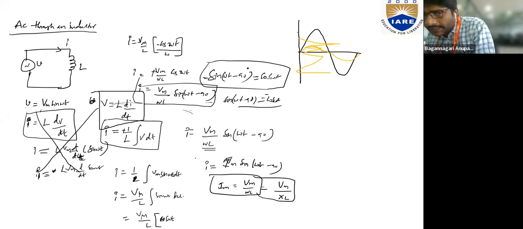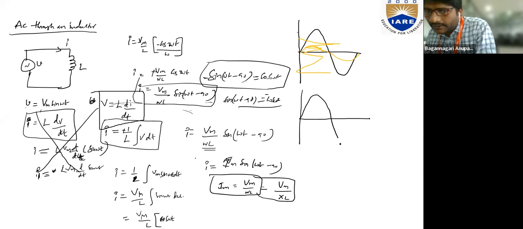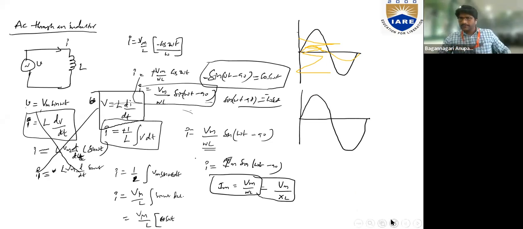Let me draw the waveforms for these two. Let this be the voltage waveform. And what about the current waveform? Current lags the voltage by 90 degrees, right? So where do I start this waveform then?